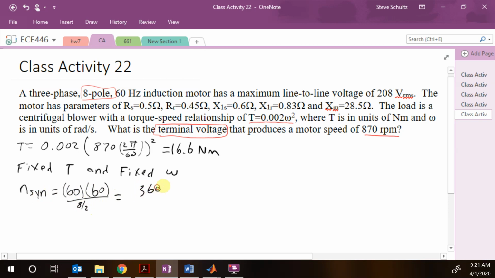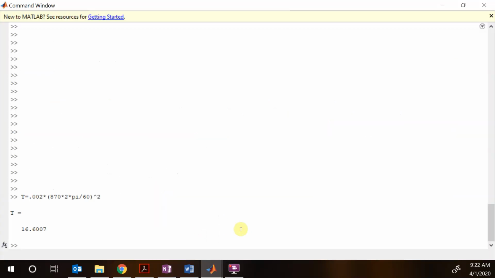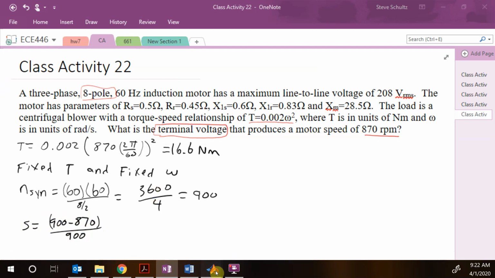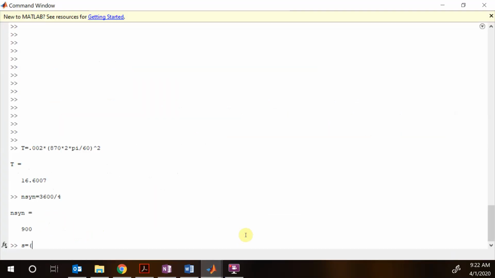So this is 3,600 divided by 4, which is 900. So our slip is going to be equal to 900 minus the 870 over the 900. So we have a slip of 0.033.